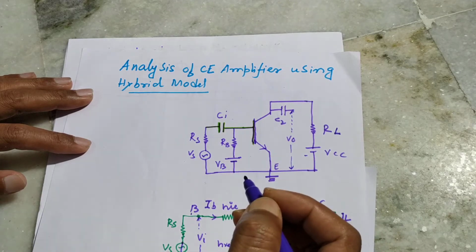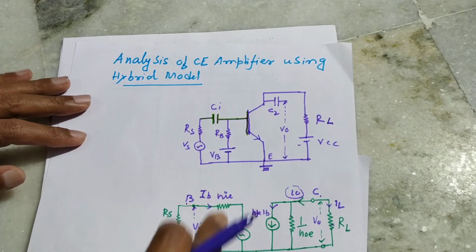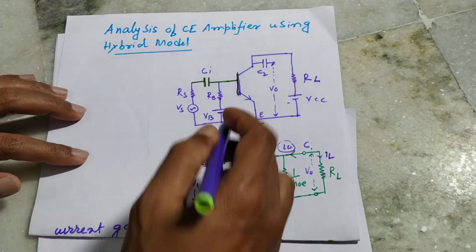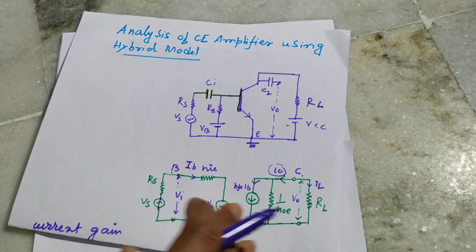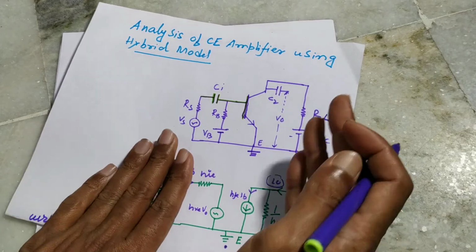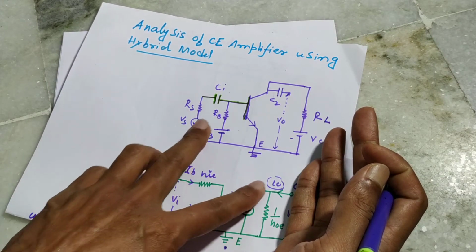For the analysis of the transistor amplifier, first we have to replace the circuit with the equivalent hybrid parameter model. Okay, already we have discussed the hybrid parameter model circuit in the previous class, and this is the hybrid parameter circuit only for the transistor.